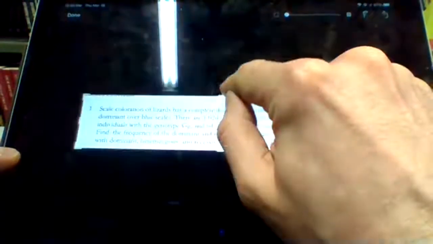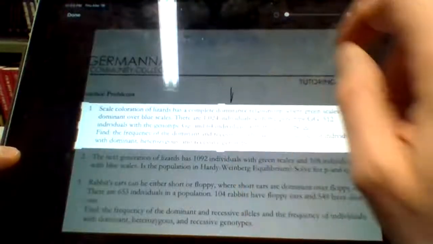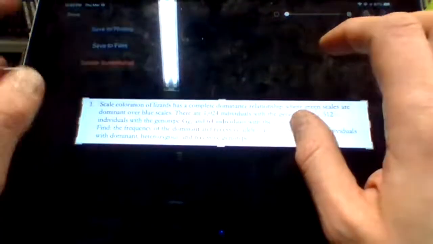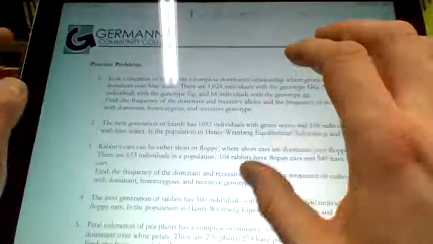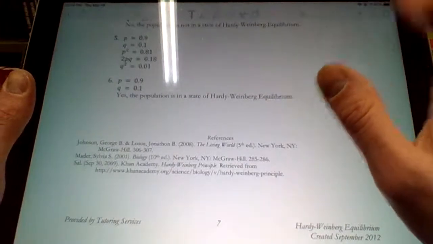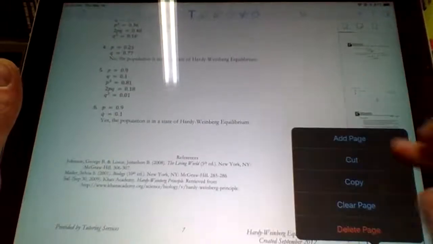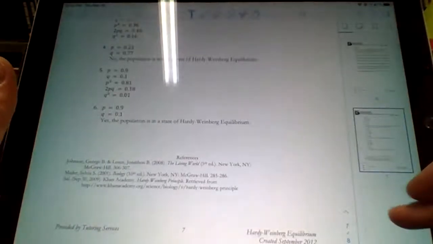The only thing I don't like about this particular group of questions is that they are a little bit on the wordy side, but they do the job.